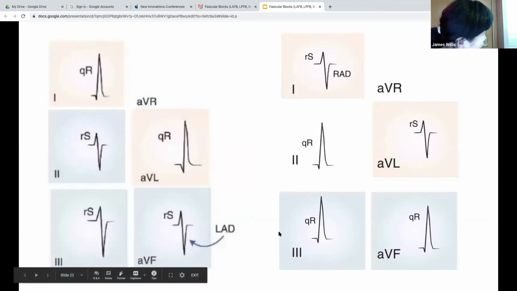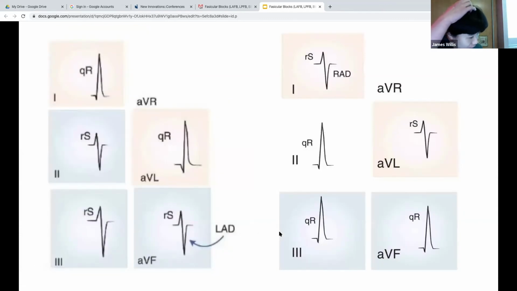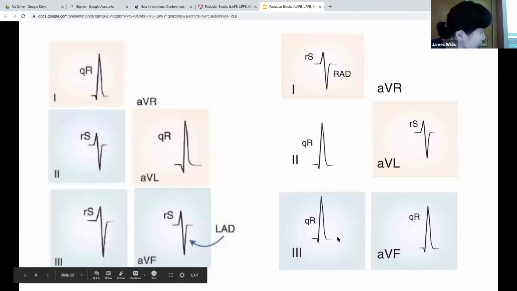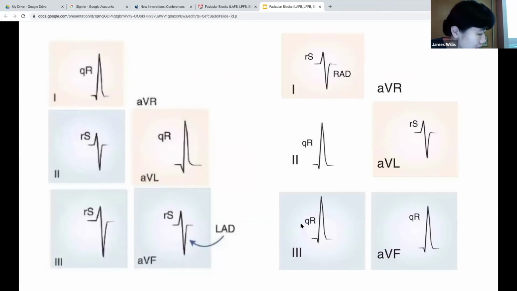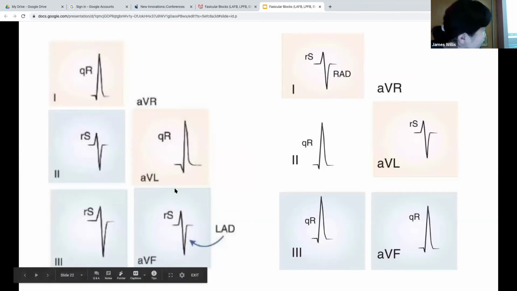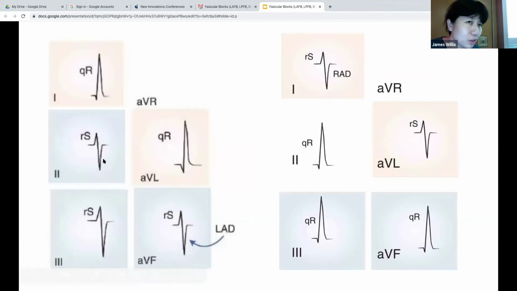These are the morphologies. And even though I read these and I was like, oh, that makes sense intuitively based on how electricity works, it's still confusing because it's very similar to the left anterior fascicular blocks. So to figure out which one is which when you're looking at an EKG, there's a mnemonic that I read about that lots of people share in your videos, where if you look at the inferior leads in isolation, you can think of the left anterior fascicular blocks as anterior being more in the front or more forward.